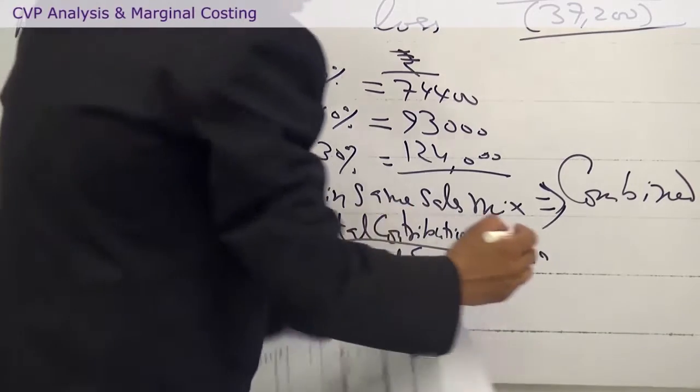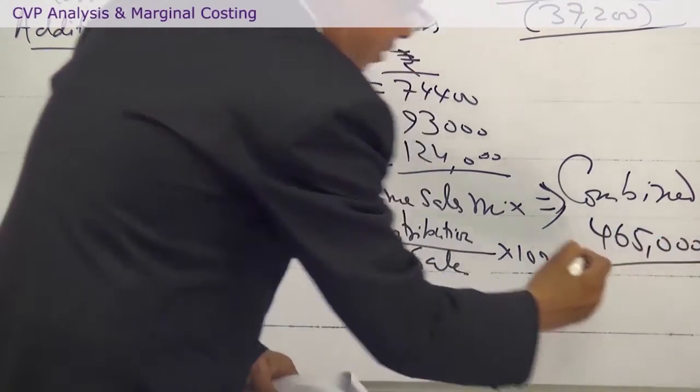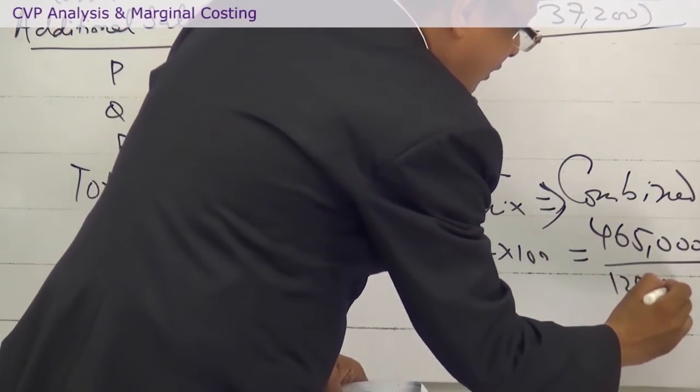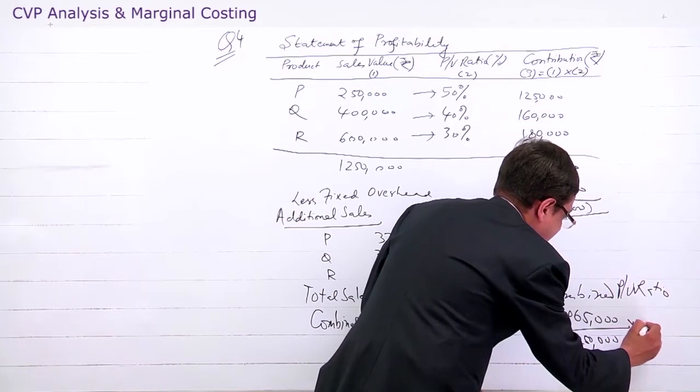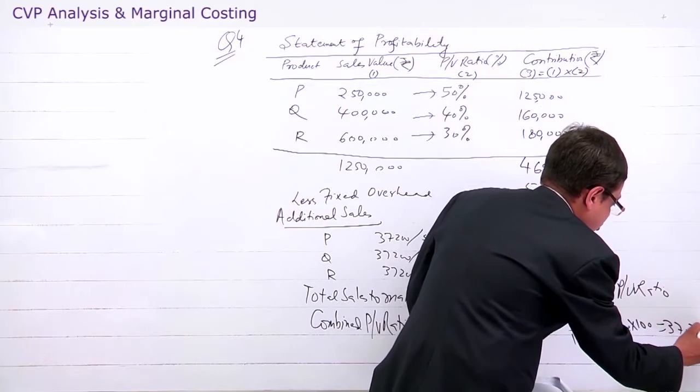So, the value is 4,65,000 divided by 12,50,000 into 100. This comes out 37.2%.